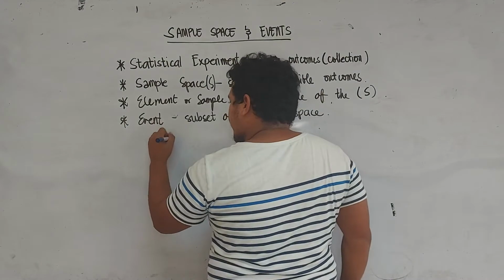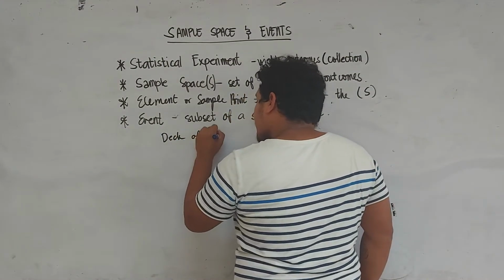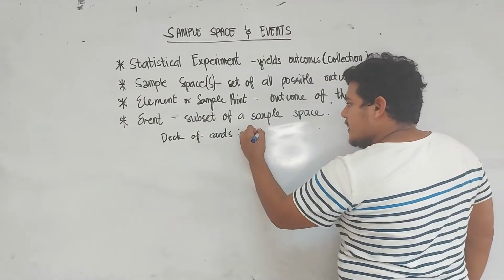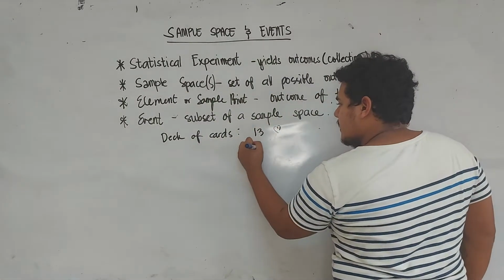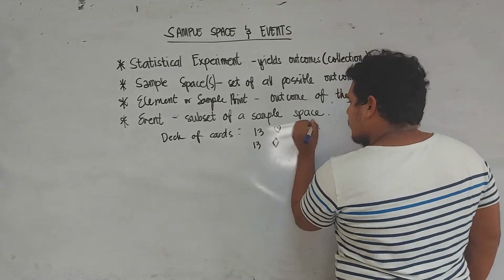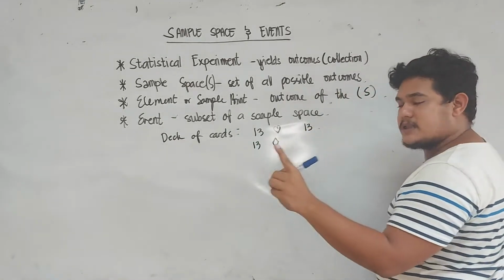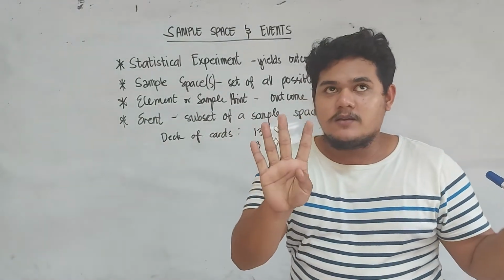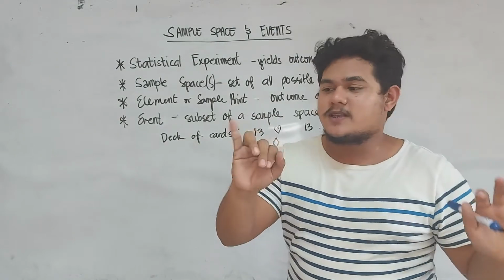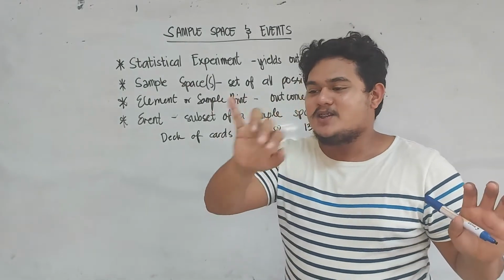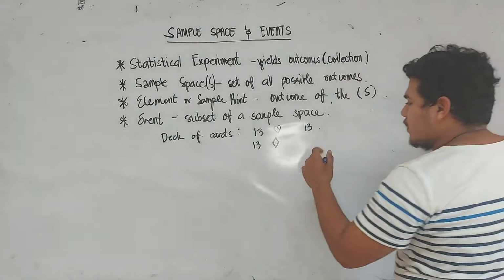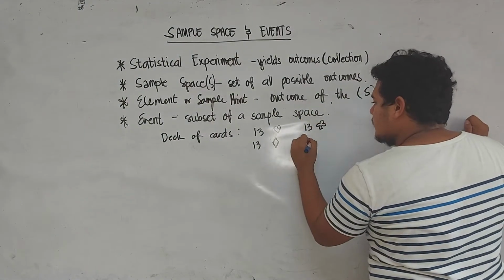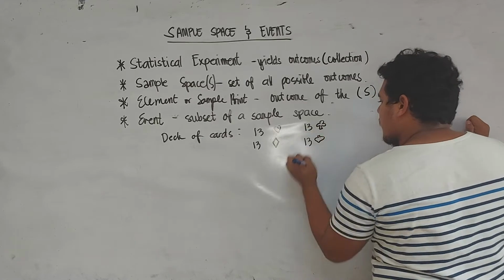In a deck of cards, how many cards do we have? That is 13 hearts, 13 diamonds, 13 clovers, and 13 spades. Ace, 2, 3, 4, 5, 6, 7, 8, 9, 10, Jack, Queen, King, that is 13.